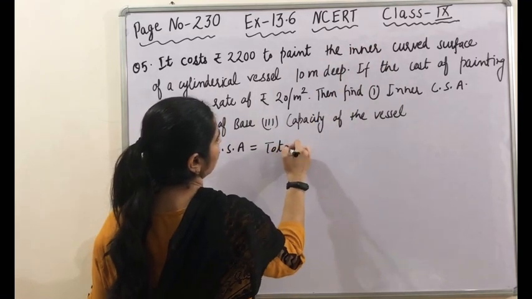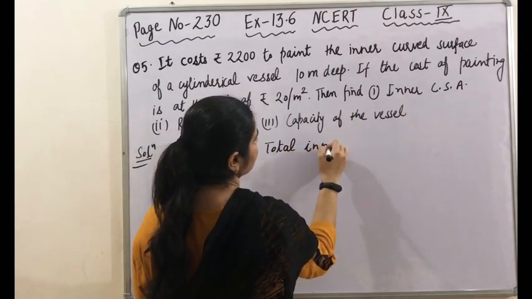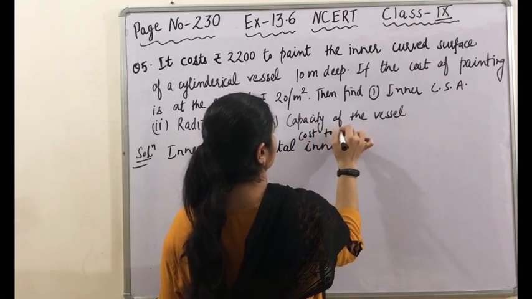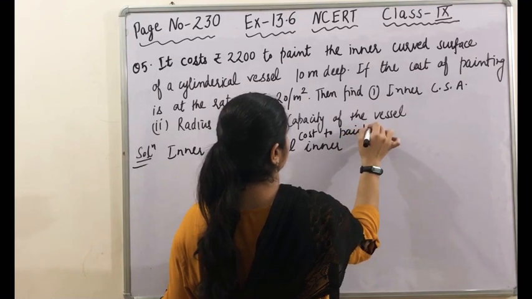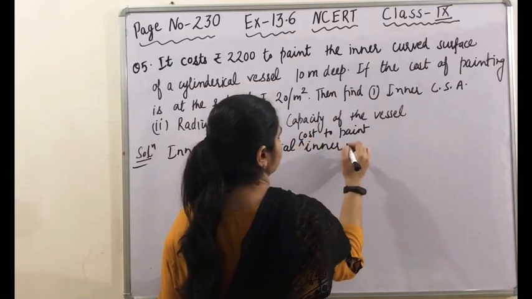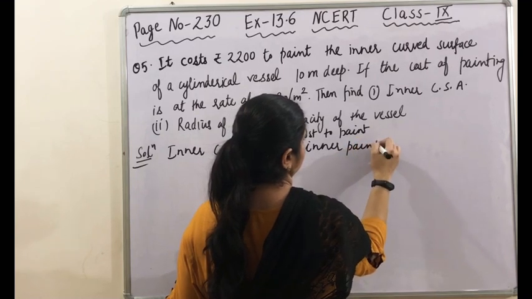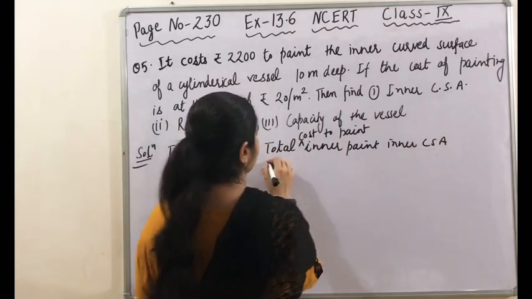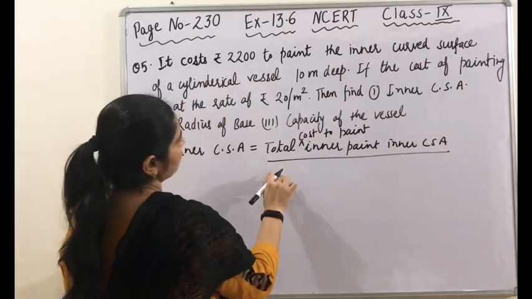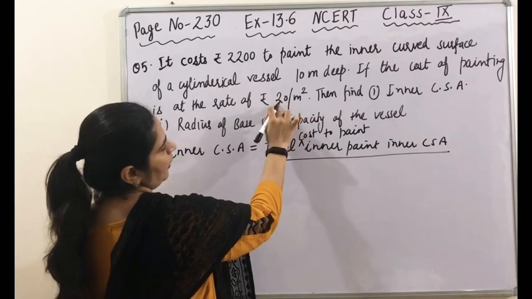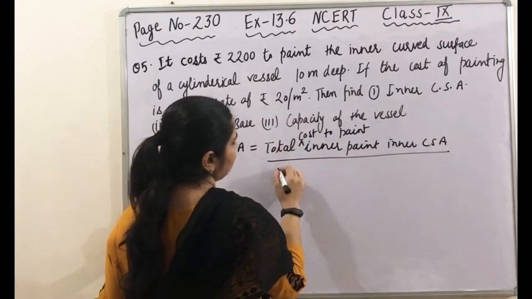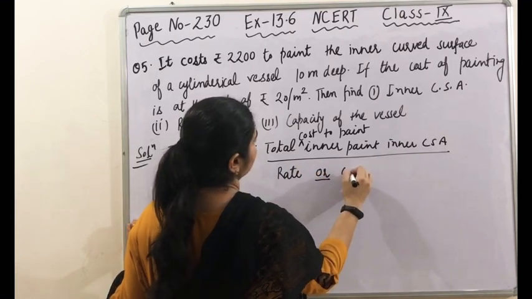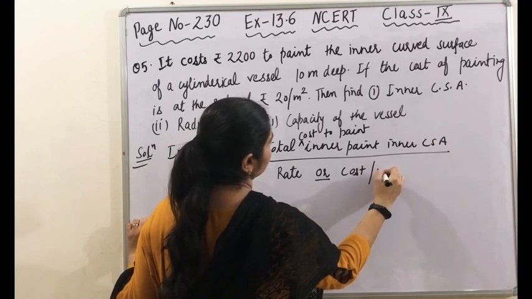Total cost to paint the inner curved surface area is given, and it is divided by rate, which is also given. Rate is 20 rupees per meter square. Either you can simply write rate or you can write cost of 1 meter square.